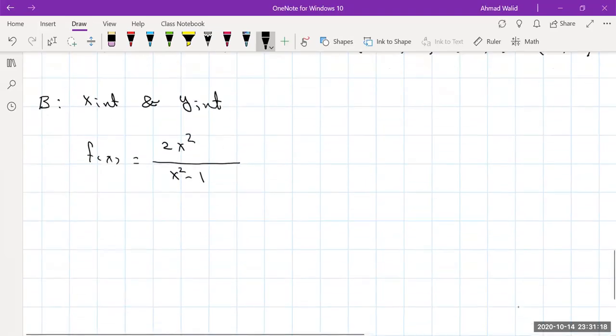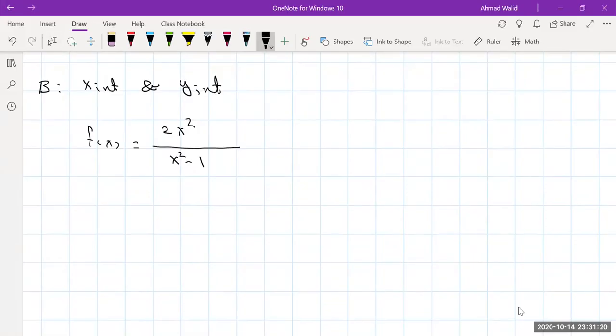All of you, at least you remember this much from algebra, that if you want to find the x-intercept of a function, you have to set f of x equal to what? To 0. It means 2x squared over x squared minus 1 equals 0. Even some professors don't write the denominator, which is correct, right? For a rational function, if you want to find the x-intercept, just set the numerator equal to 0.